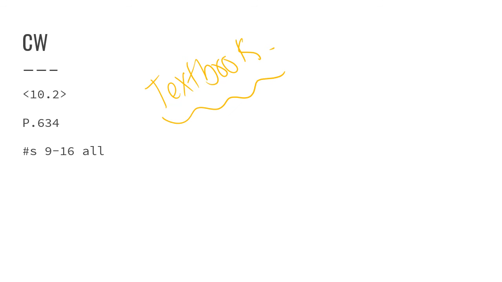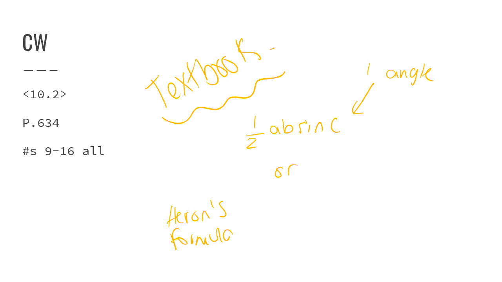That's going to give you a chance to practice using these two formulas, which are 1/2 AB times the sine of C, which you use if you have one angle, and then the second equation, Heron's formula, which says you can find the area by doing 1/2 times (A plus B plus C), and these are the three sides of the triangle. All right. Good luck. Have fun. This is the easy lesson.